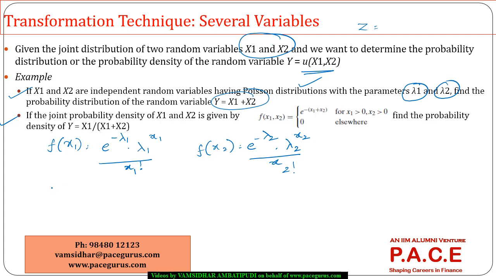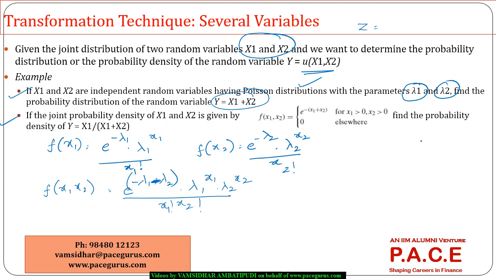Because they are independent, I can take the product of their individual distributions, which comes out to e to the power of minus (lambda 1 plus lambda 2), lambda 1 to the power x1, lambda 2 to the power x2, divided by x1 factorial x2 factorial. This is the joint probability distribution f of x1, x2.